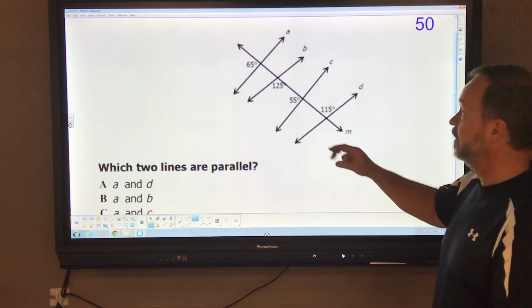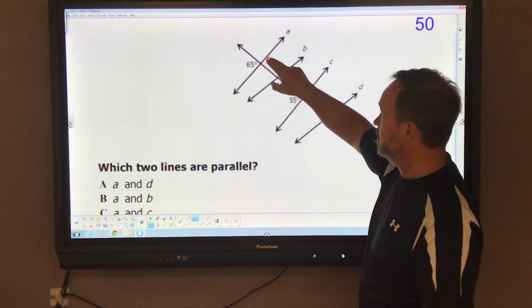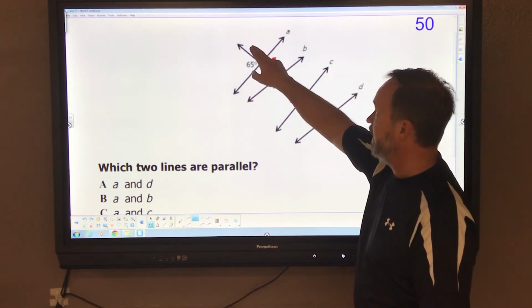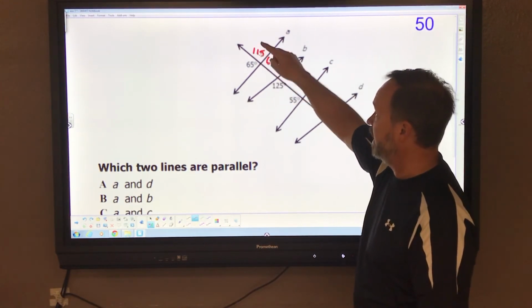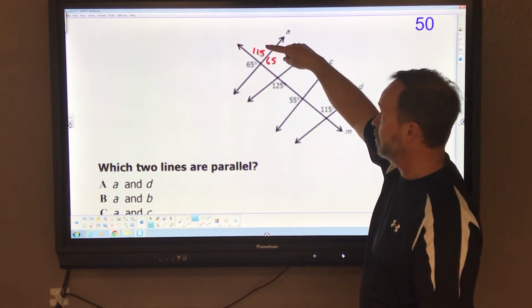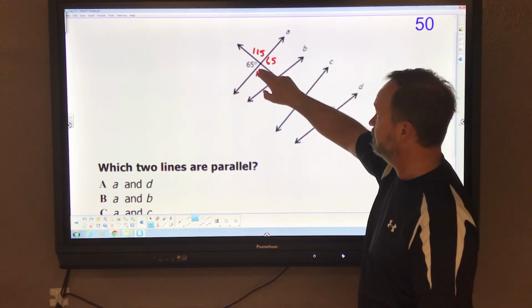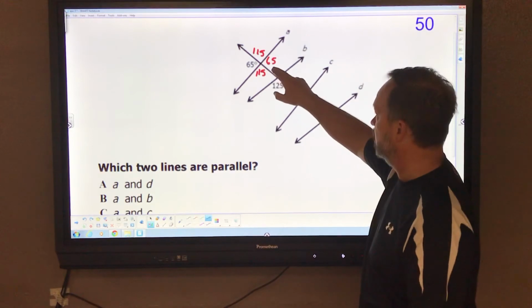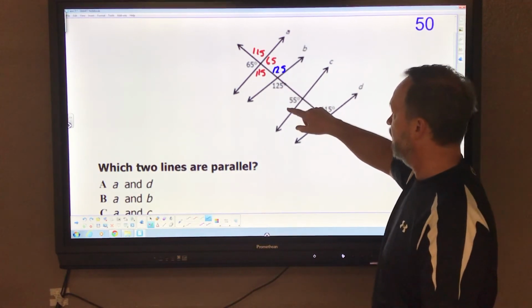Math doesn't lie. So if that's 65, then that's 65, because those are vertical angles. If that's 65, then that's 115, because they have to add up to 180, because they're supplementary, they're a linear pair, and 115 there. Let me change color just for ease of recognizing who's who.